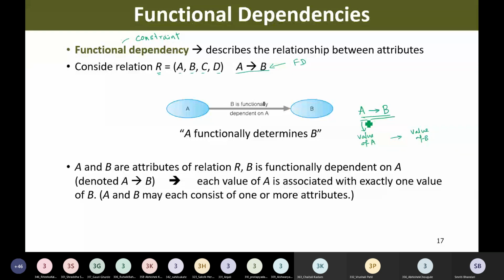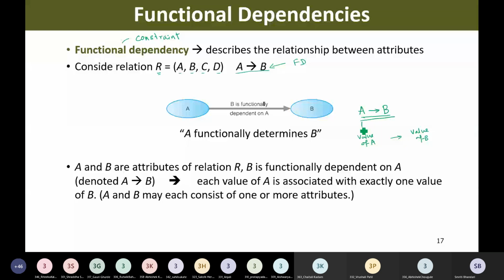I'll repeat. If I'm having a functional dependency such that A determines B, or B is dependent on A, then how to interpret this?